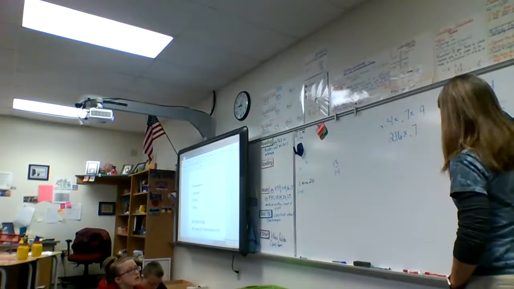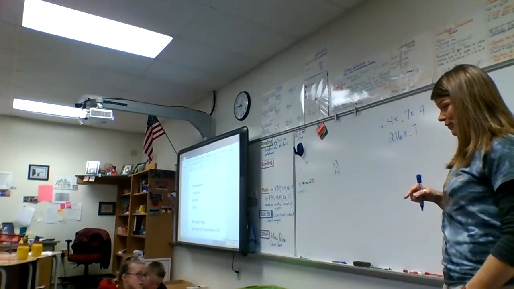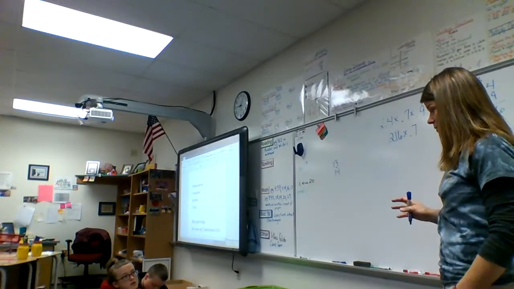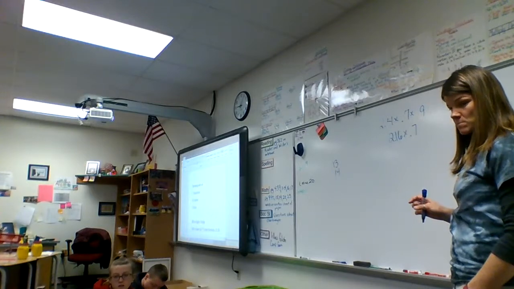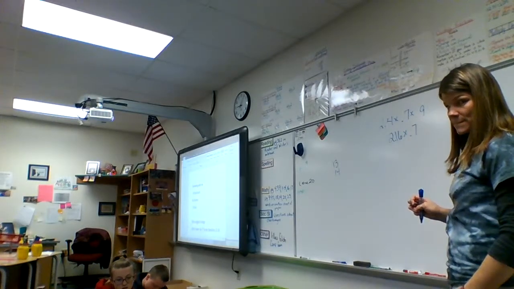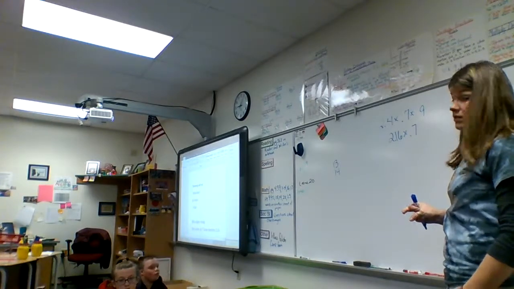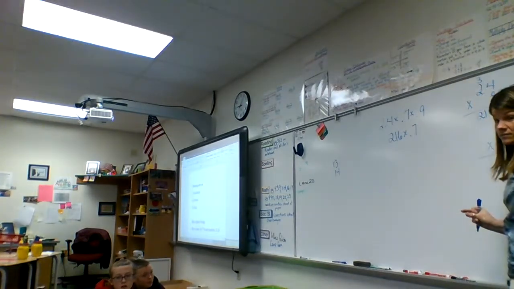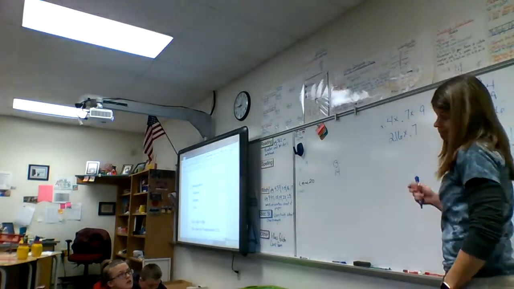So maybe look at your paper too when you're doing it, and see if that's what's throwing you off. I think it's easier to look back and see what's going on. Personal preference.